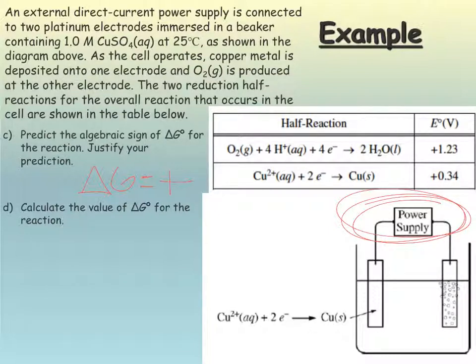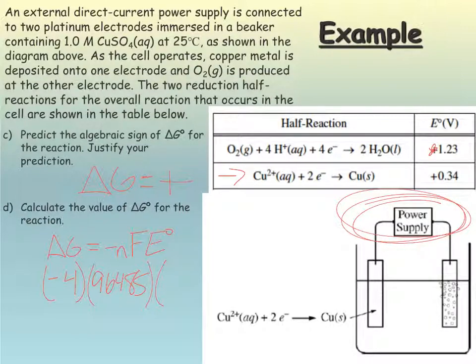Now to calculate our value for delta G, we're going to use delta G equals negative n F E cell. From the previous slide, hopefully you remembered we had 4 electrons when we balanced our redox equation. Then Faraday's constant, and now I've got to find my E cell. This is the reduction, nothing to do with this one.